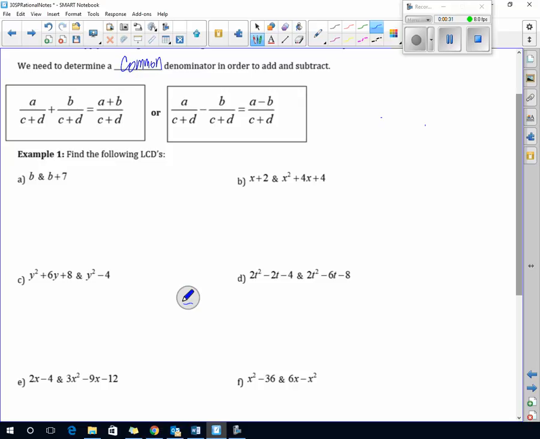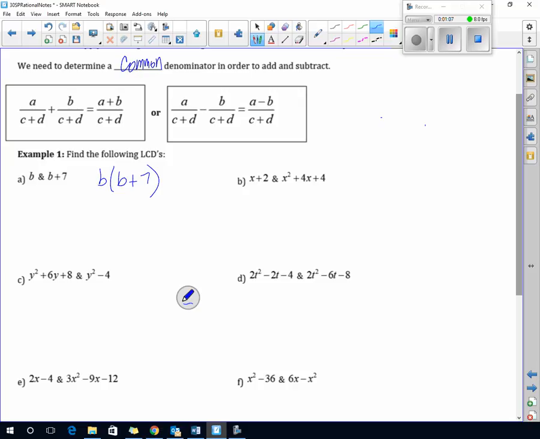These are the denominators. So b plus 7, no. b, no. b times b plus 7 would be the common denominator, because there's nothing that both go into, right? b doesn't go into b plus 7, and b plus 7 doesn't go into b, right?